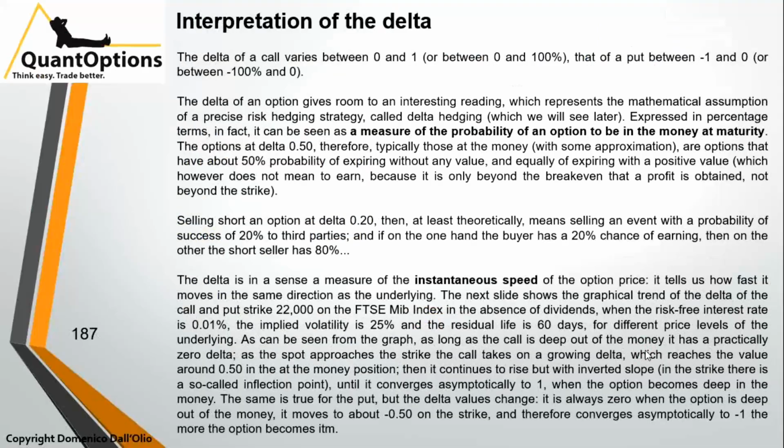Interpretation of the delta. The delta of a call varies between 0 and 1 or between 0 and 100%. It's the rate of replication of the price change in the underlying, remember. That of a put ranges between minus 1 and 0 or between minus 100% and 0.